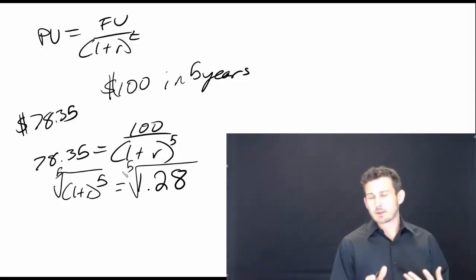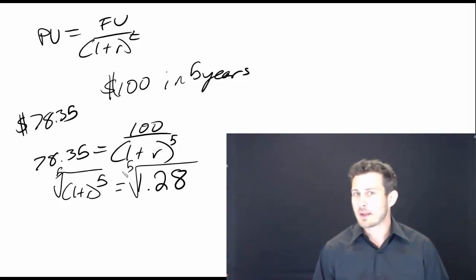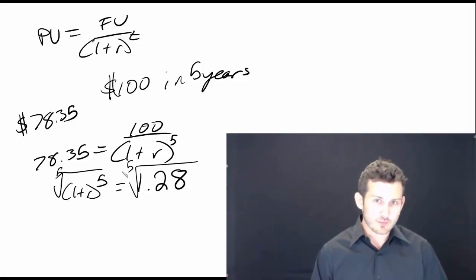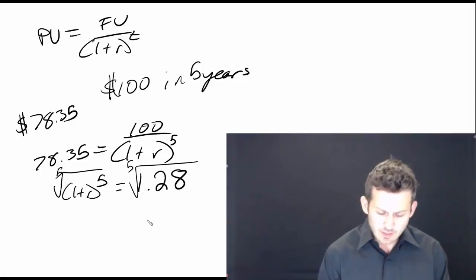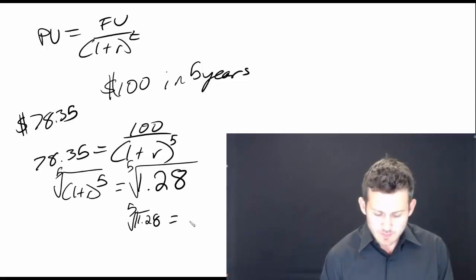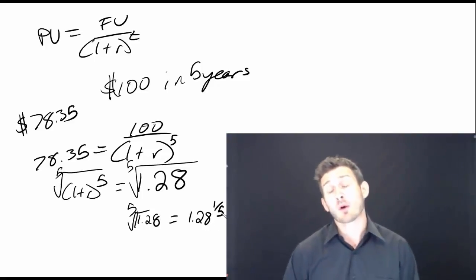Now, naturally you might wonder, how do I do that? Well, it's pretty simple. Taking the 5th root is an exponent: the 5th root of 1.28 is equal to 1.28 to the 1/5 power.